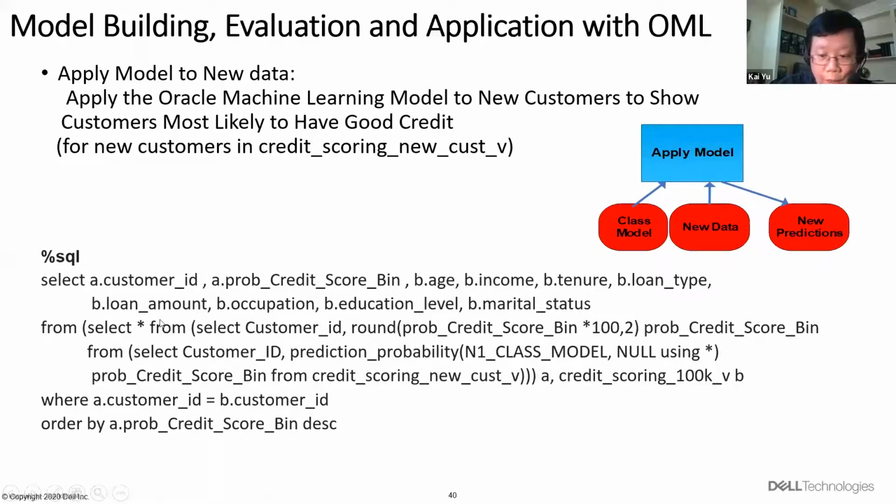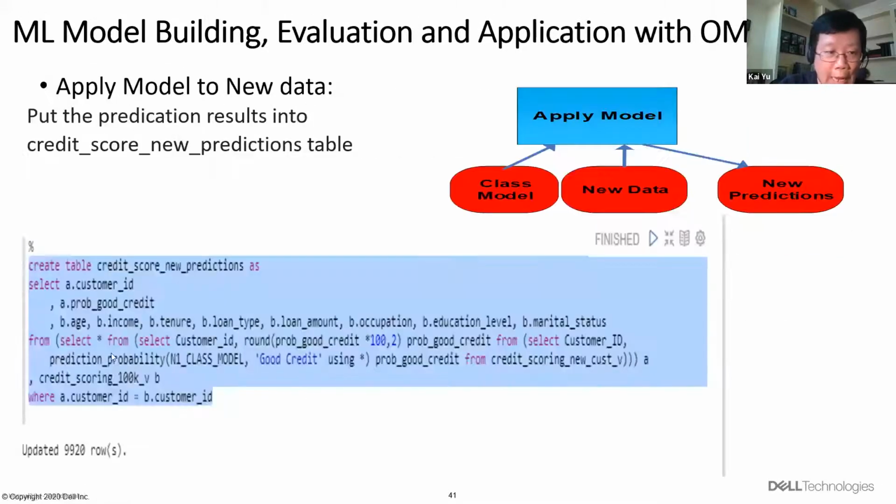This is a single query, but if you want to store that prediction in a table, you can create a table as select. This query is fixed, so it's part of a data mining procedure, and you can run it in DW or in your regular Oracle database.